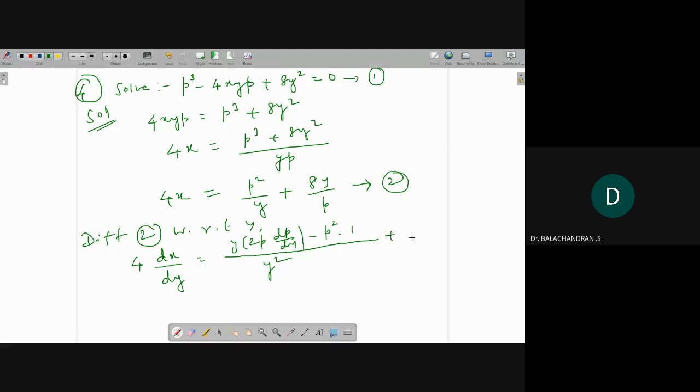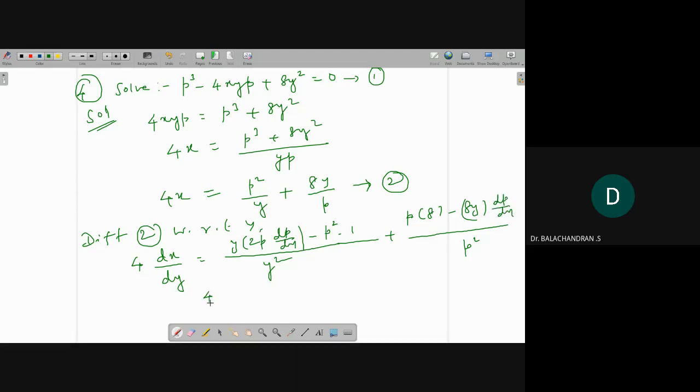Then plus, again u by v method, p square, so p as it is. If you differentiate with respect to y, you get 8 minus 8y into, differentiate p with respect to y, you get dp by dy.